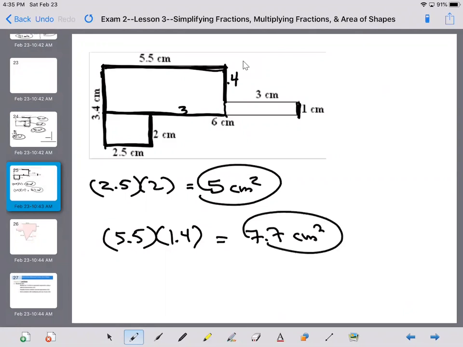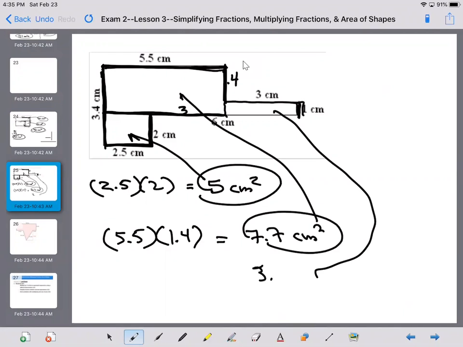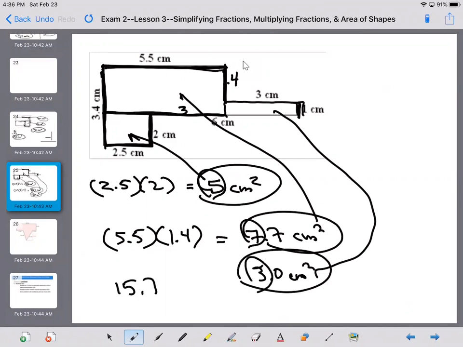So this one takes care of this one. This one will take care of this one. And then this one's going to be 3 by 1, so that would be 3. So we'd be left with 3 square centimeters. So this would be 5, 7, 12, 13, 14, 15, and 7/10 centimeters squared by subdividing it.